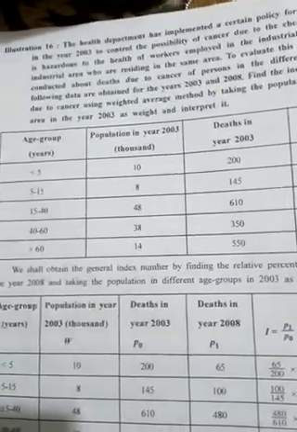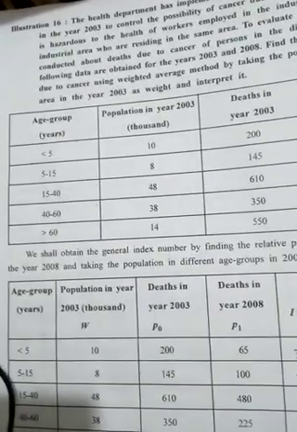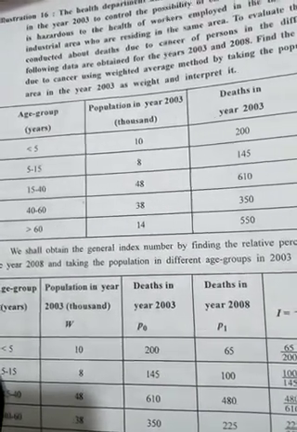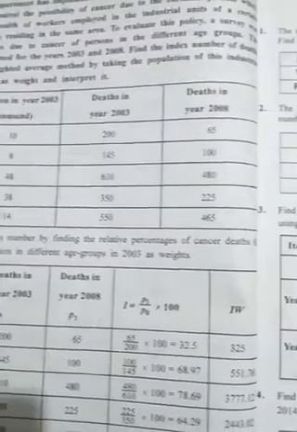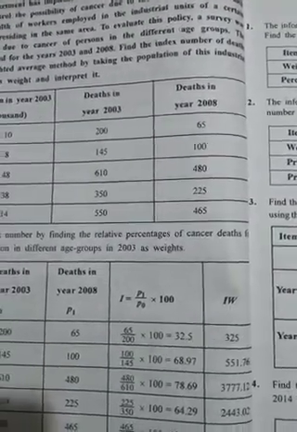Like that the question goes. So you are given age group and population in the year 2003, and deaths in the year 2003; deaths in the year 2008 are also given.